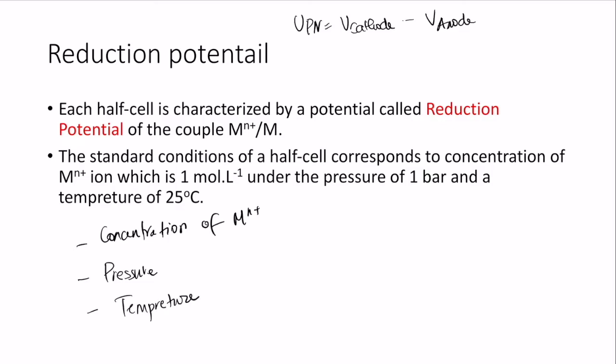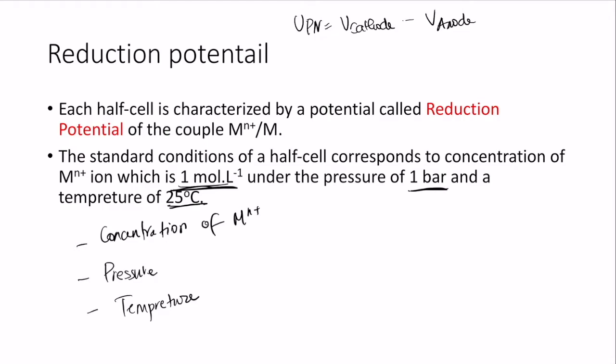And that's why we have what's called the standard conditions of a half cell. We try to unify the conditions of a half cell. The standard conditions correspond to a concentration of Mn+ ions of 1 mole per liter, a pressure of 1 bar, and a temperature of 25 degrees Celsius.